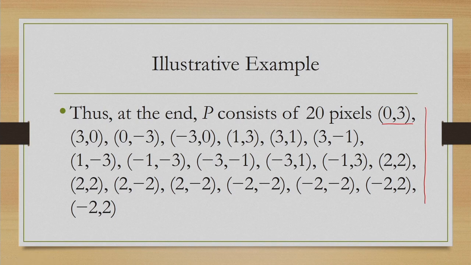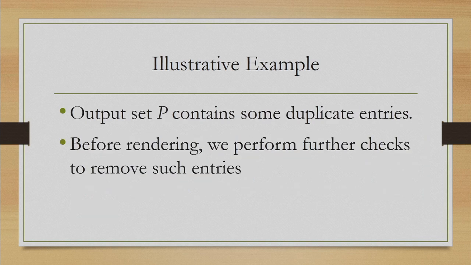One thing you may note is that there are some pixels that are repeated. For example, 2 2 occurred twice, minus 2 2 occurred twice, 2 minus 2 occurred twice. So, this repetition is there at the end of the execution of the algorithm. These duplicate entries we need to remove.